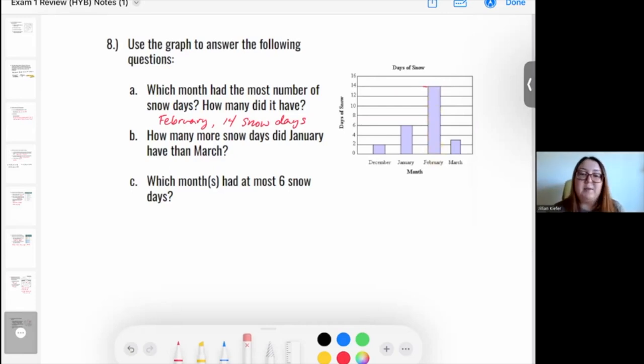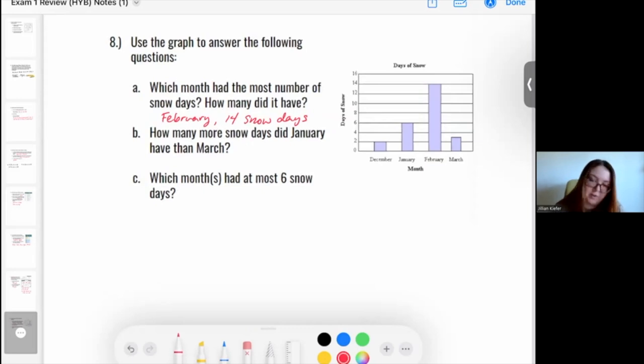Then B, how many more snow days did January have than March? So now we're looking at how many more than something else. So in this case, we want to figure out how many each have. January has 6 snow days, and March has 3.